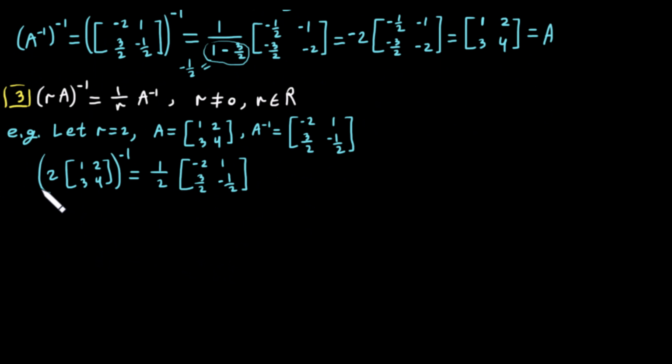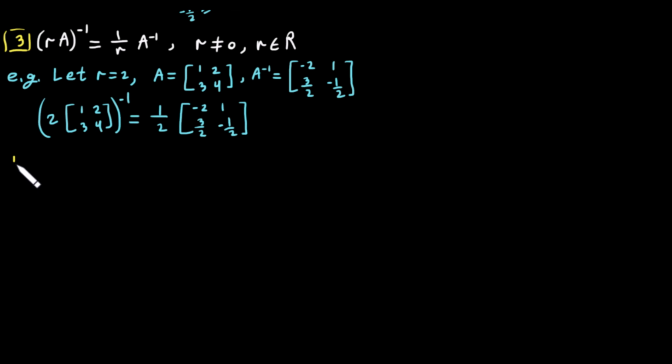Now let's go down a little bit. Property 4: if you have A multiplied by B, and here the inverse of A matrix and B matrix, you will get B inverse multiplied by A inverse. The order here we have changed, so instead of AB, it will be B inverse A inverse.